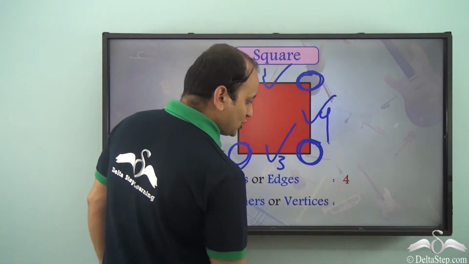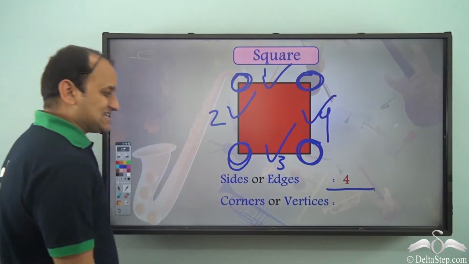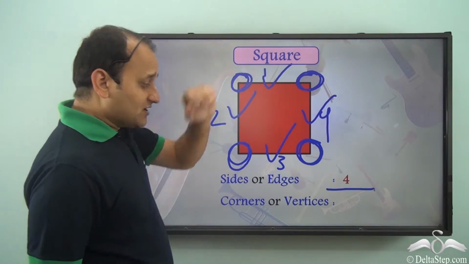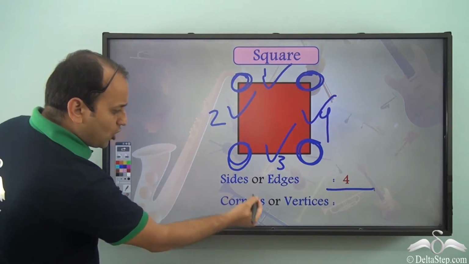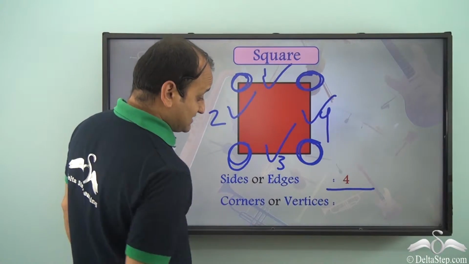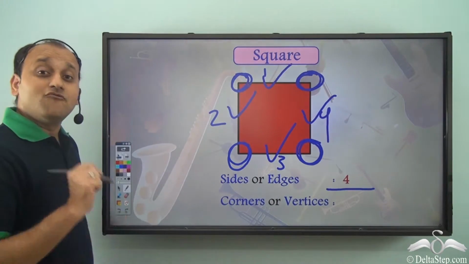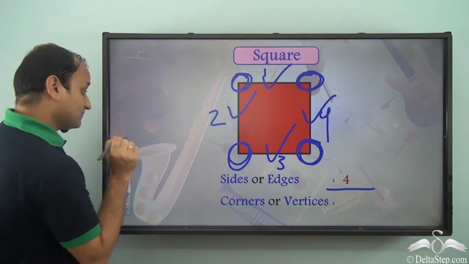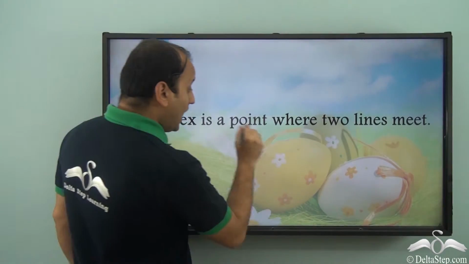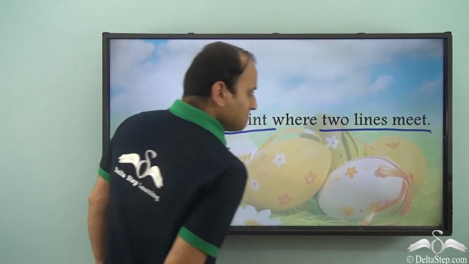So how many sides or edges do we have? We have 4 sides or edges in case of a square. Now what about corners or vertices? So what exactly are corners or vertices? Well, the singular form of vertices is vertex, and a vertex is a point where 2 lines meet.